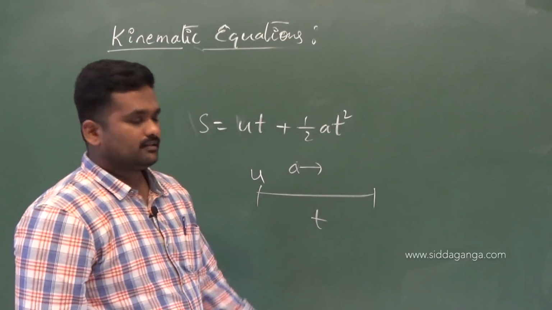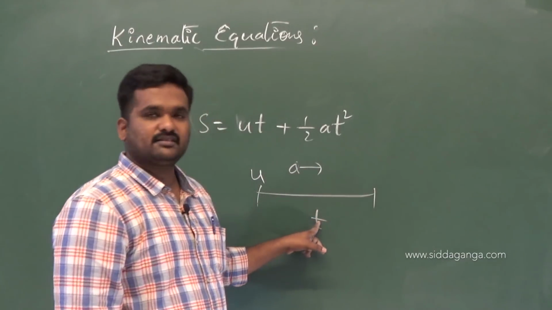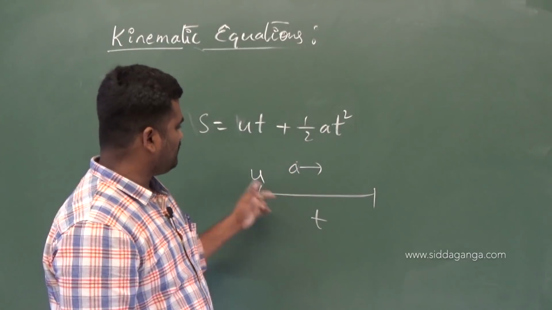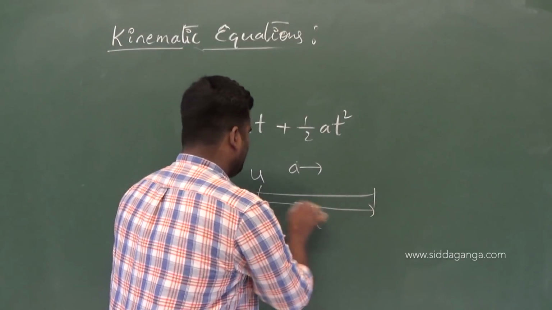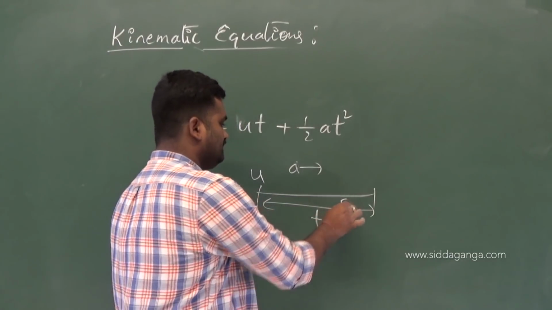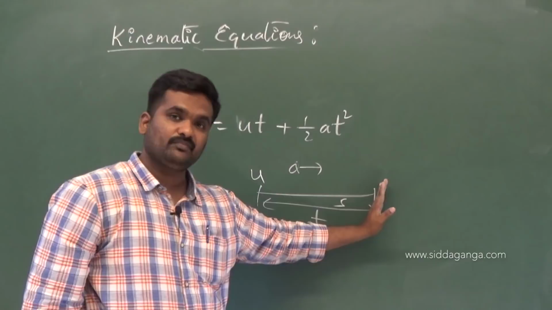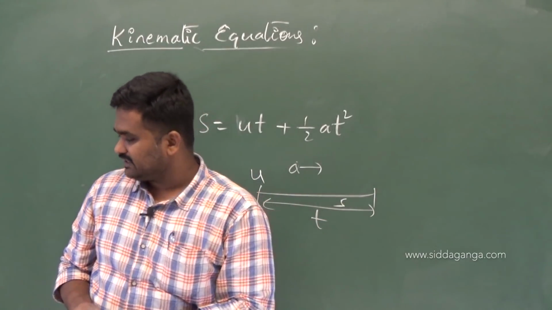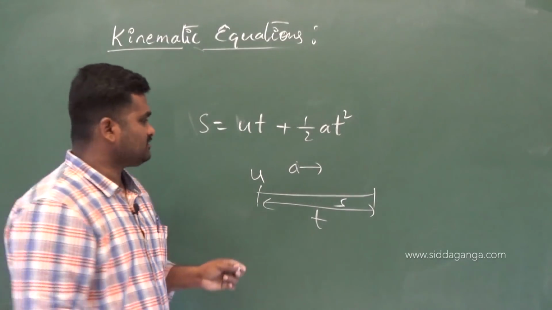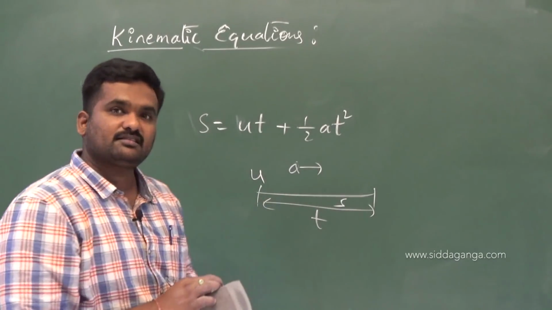So what is the displacement it traveled during this time interval? It traveled a displacement of s, for example. This gives in this time t, displacement is s. But I don't want the displacement in t seconds. I just want it in the nth second.